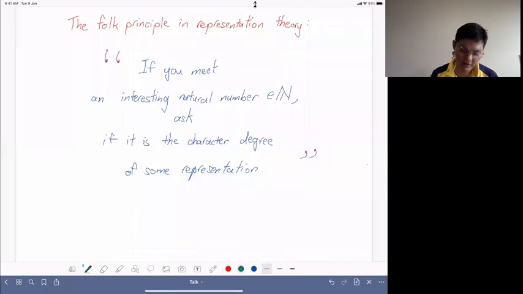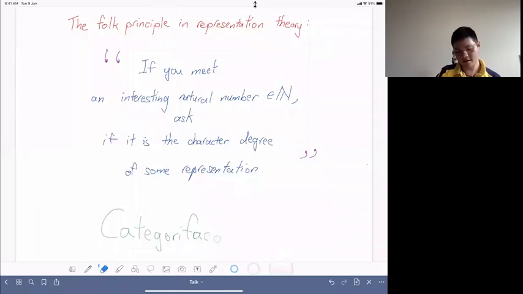This is the philosophy behind categorification. This is what most representation theorists do nowadays.